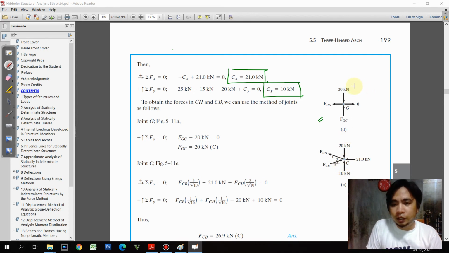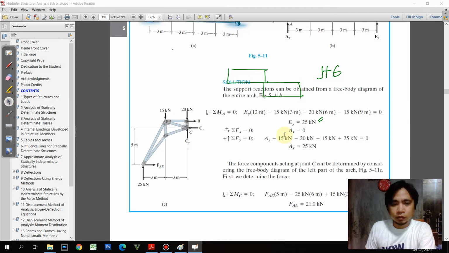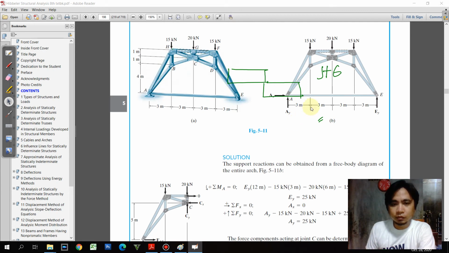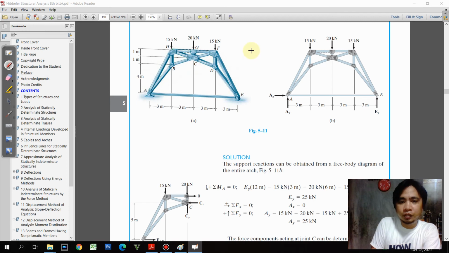So with that, we can isolate the joint at joint G. Where's that joint G? So here's the joint G. So we isolate joint G. So at joint G, these values are 0, of course, and then this is 20.